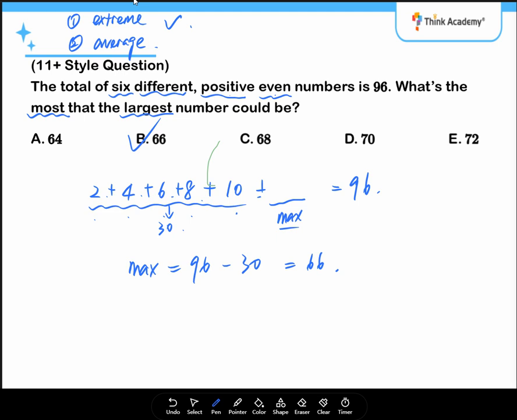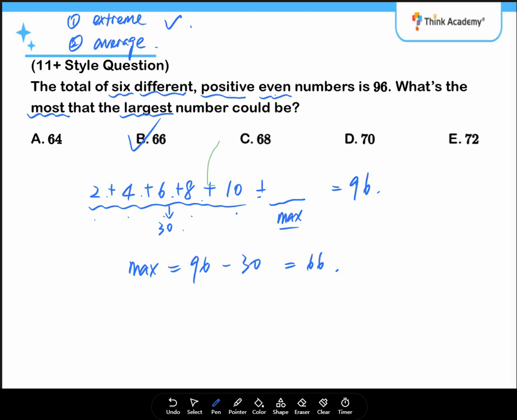Okay, we can recap a little bit. So far, whatever the question is, our first thinking step is to decide whether it's an extreme condition or an average condition.